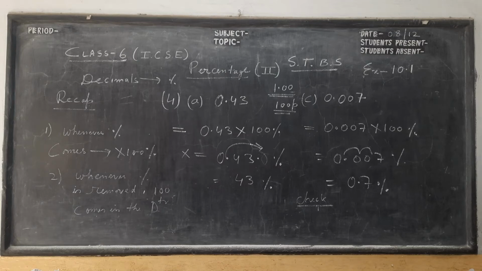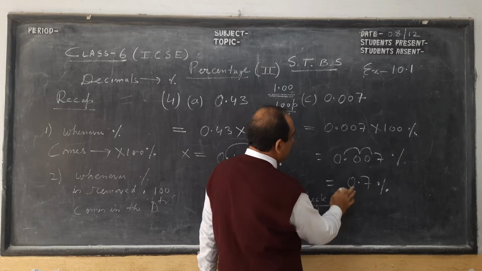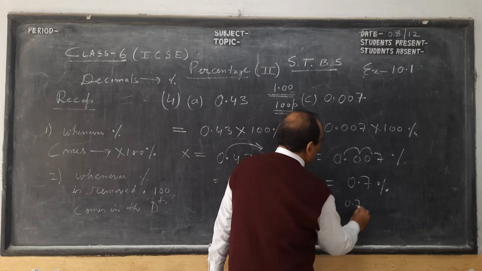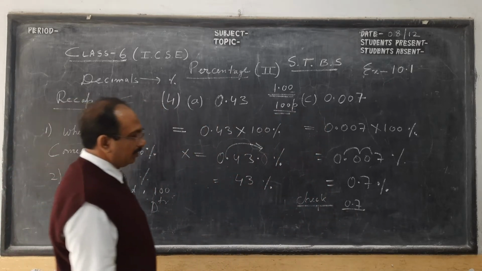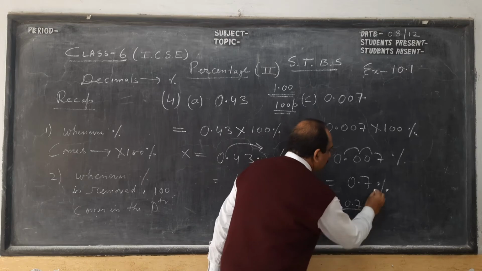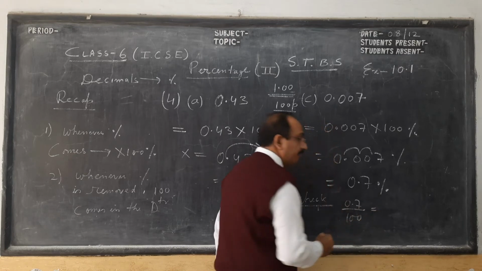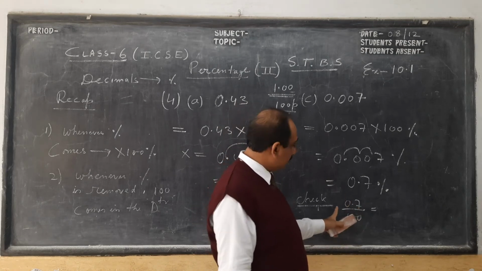So if we go back to 0.7% and if we remove percent, children, you will see I taught you that when percentage is removed, 100 comes in denominator. So when percentage goes, 100 comes in denominator, and whenever you divide a thing, children, it becomes less.